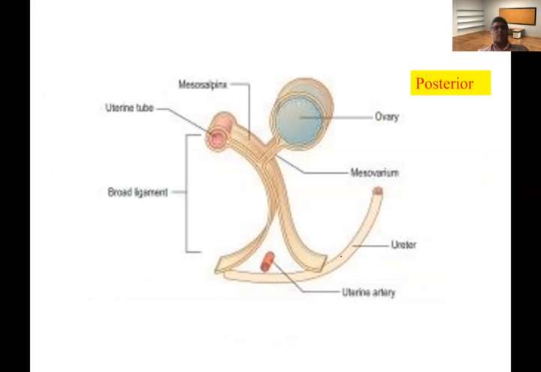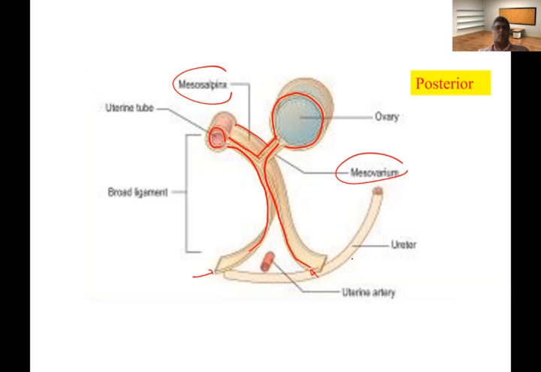Now, this is the uterine tube, and this is the broad ligament, the two-folded peritoneum with the mesovarium, and this is the mesosalpinx. We have discussed the extensions of the broad ligament. Now this is the lower end of the broad ligament.